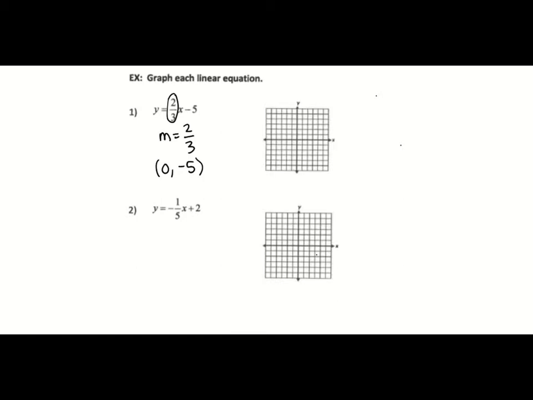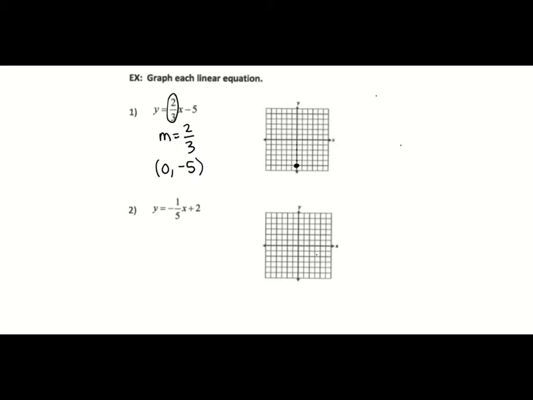Then I'm going to graph the y-intercept, step number 4, on my y-axis. So I have (0, -5), 1, 2, 3, 4, 5. (0, -5), that's my y-intercept. Then step number 5, I'm going to use my slope, my rise over my run, from the y-intercept to get my next point.